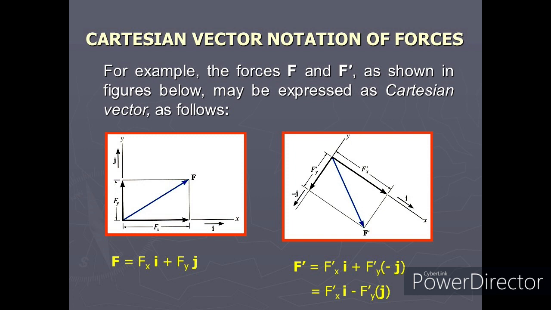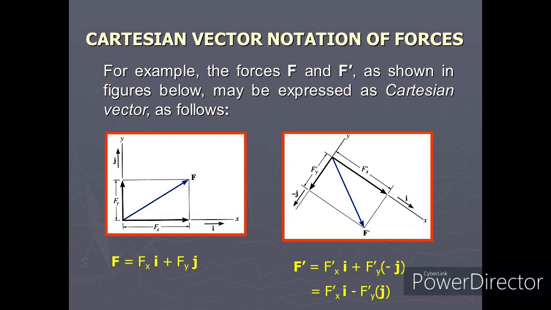And then when you sum these two up, F will now be expressed as what? Fxi plus Fyj. Much the same way as when you have a vector, isn't it? It's equal to the sum of its components, isn't it? Right? And then when you substitute, this is Fxi plus Fyj.